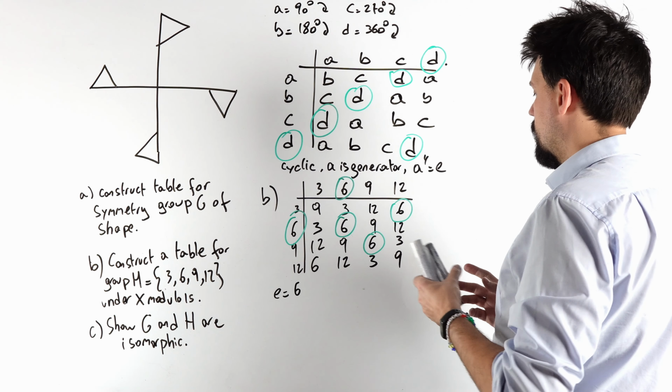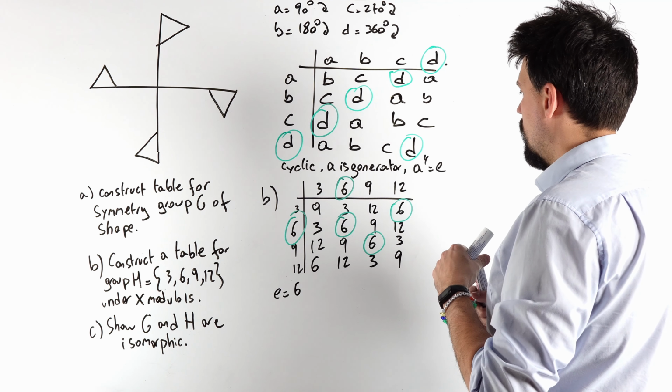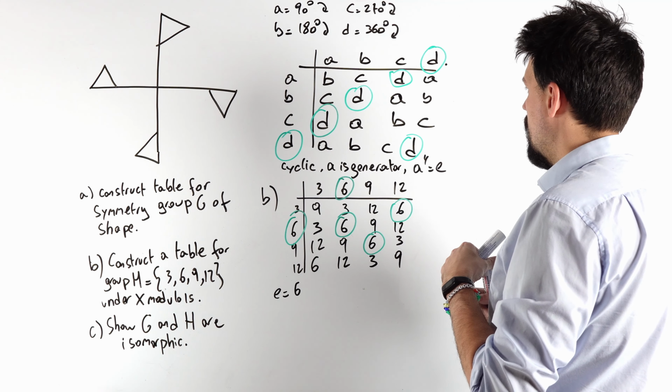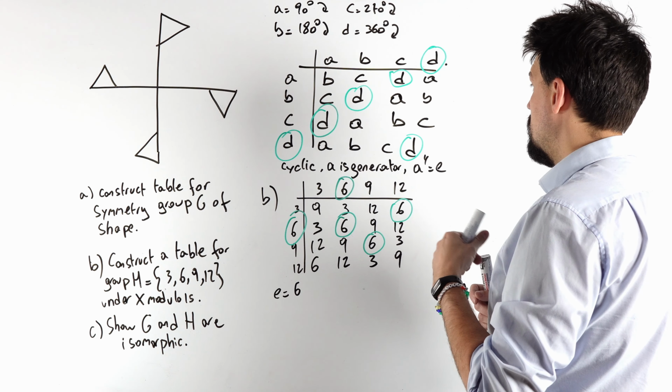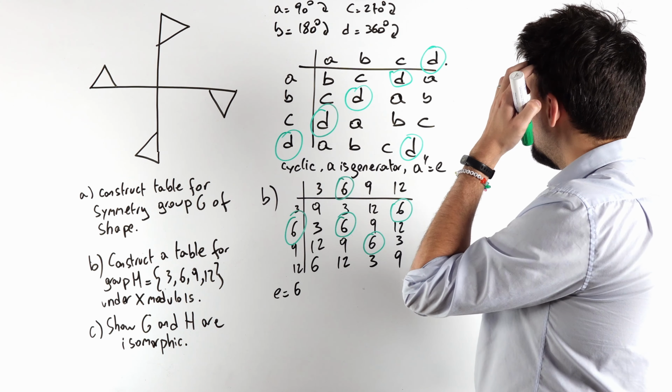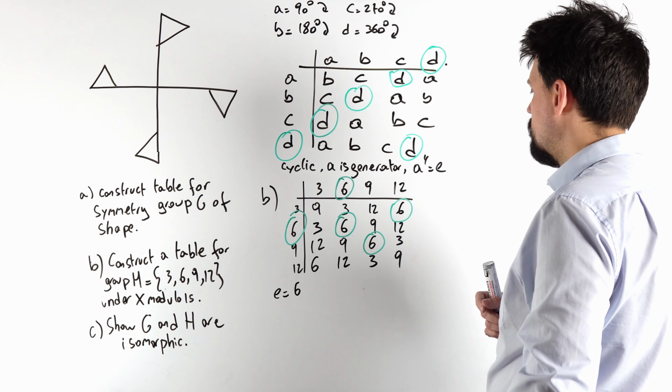So what else can we get? 3 times 3 is 9. Well, A times A is B. B times B is D. So we could have C times C is B.